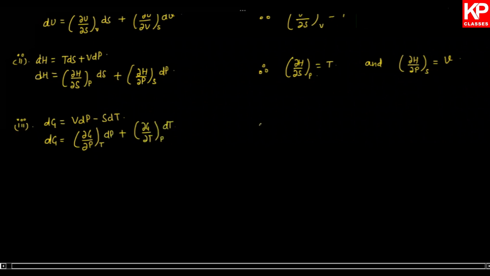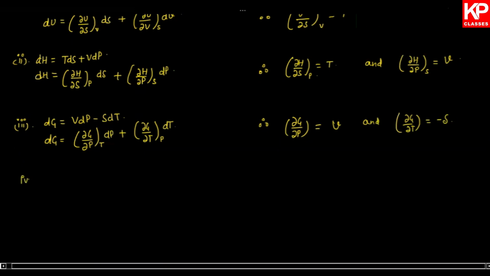It means that ∂G/∂P is nothing but equal to volume, and ∂G/∂T is nothing but equal to minus entropy.